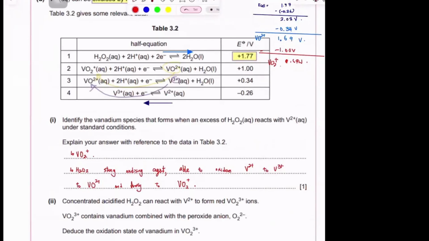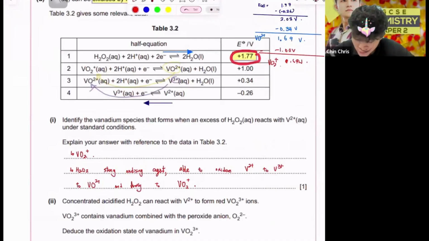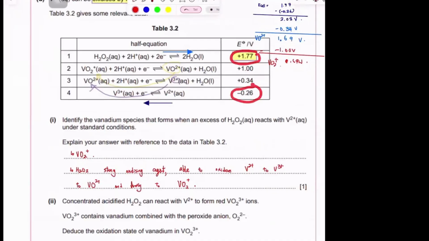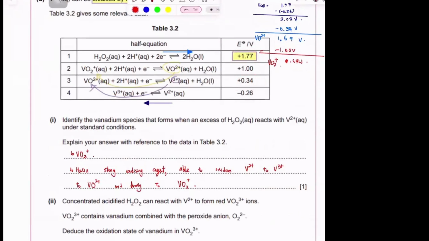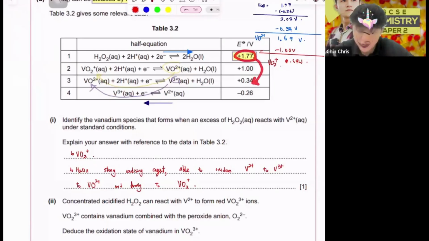But how come you use 2.03 minus negative 0.26 instead of 1.77 minus 0.34? Because it's still being oxidized by the same substance, no? Yeah, you can use 1.77 minus 0.34 also.